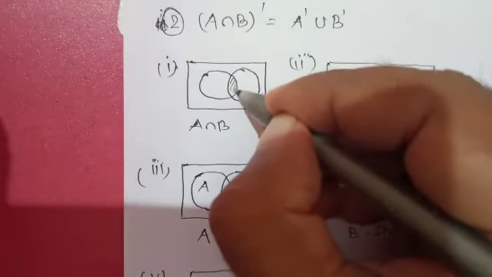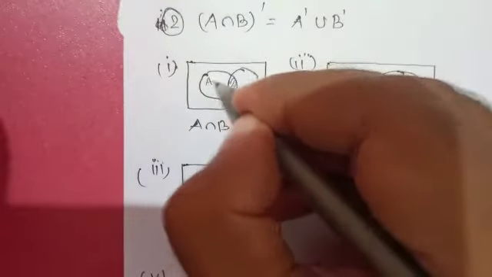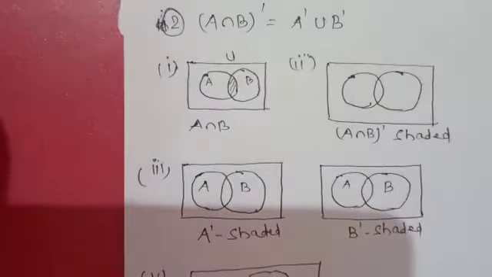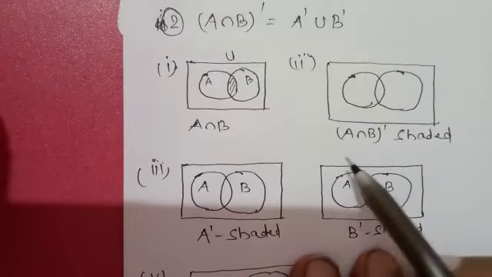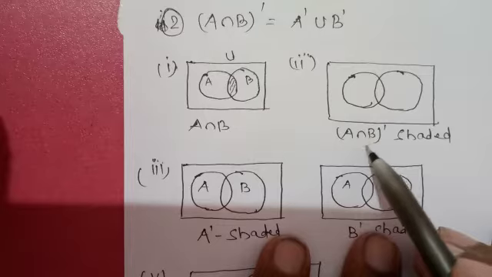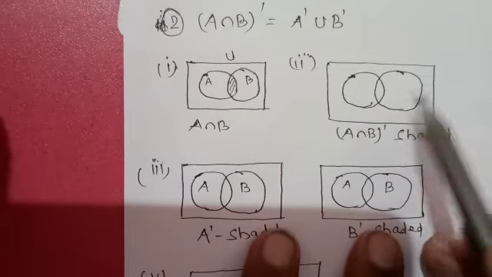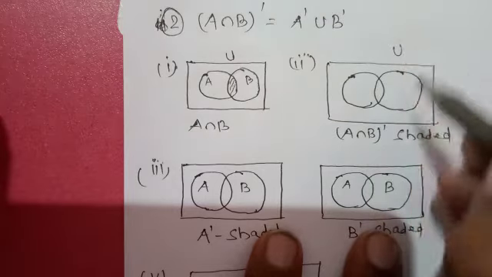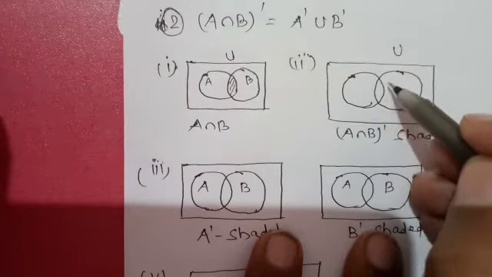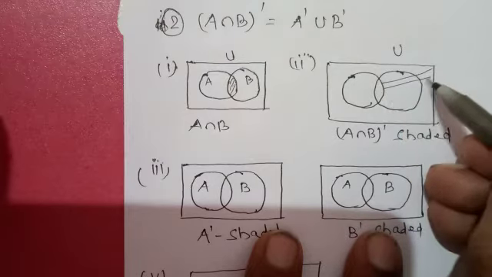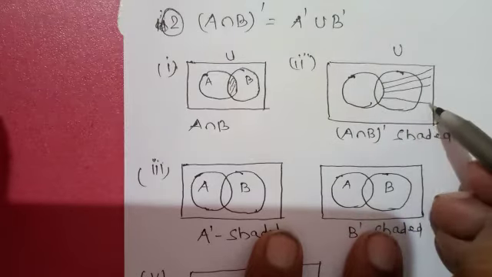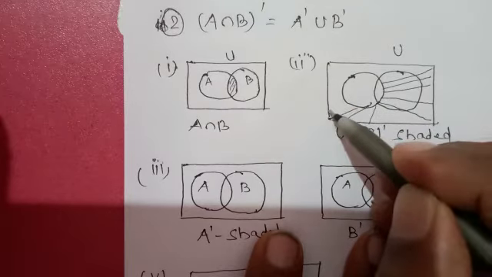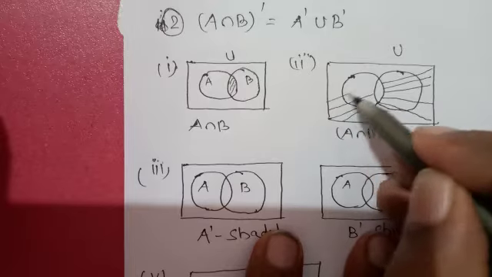Obviously A intersection B is the common part of A and B. So this is A intersection B shaded in universal set U. Second part, the complement of A intersection B. You have to shade those parts which are not in A intersection B. Only this part is A intersection B, so we will shade all the parts of the universal set except A intersection B.